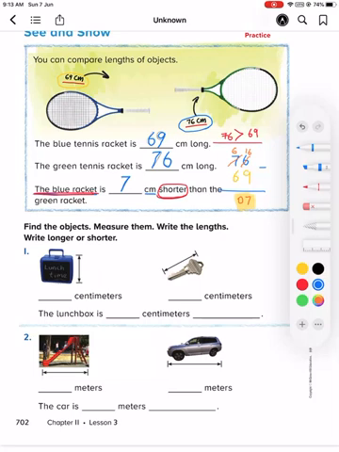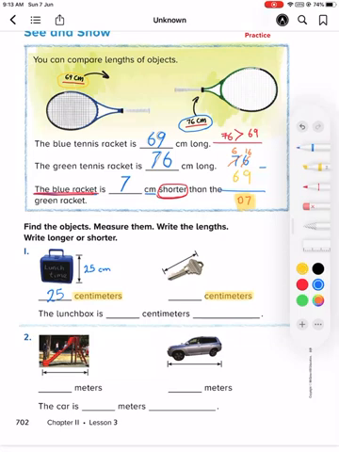Let's start with question number 1. I got my sister's lunchbox and when I measured it, it was 25 centimeters. So the length of my lunchbox is 25 centimeters. As you can see here, we have centimeters. That means this object is small and I used the centimeter ruler to measure it.